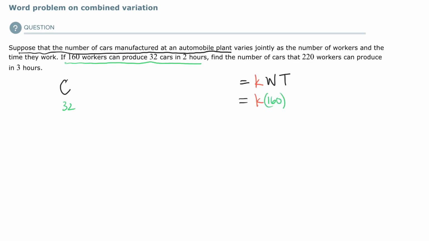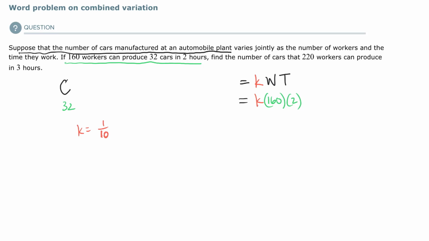And then the time is what? 2 hours? We're in good shape. Can we find K? Of course we can. What is K? K looks like 1/10. Can everybody see that K is 1/10? Divide the entire side by 2, we get 16, and then yeah, it's 1/10. I'm pretty sure. You could write out the details to find out it's 1/10.